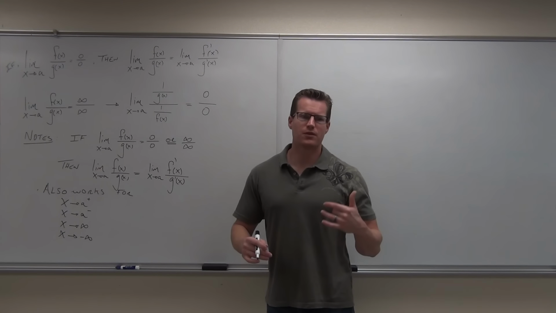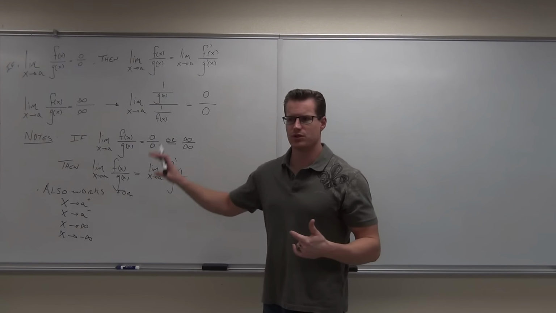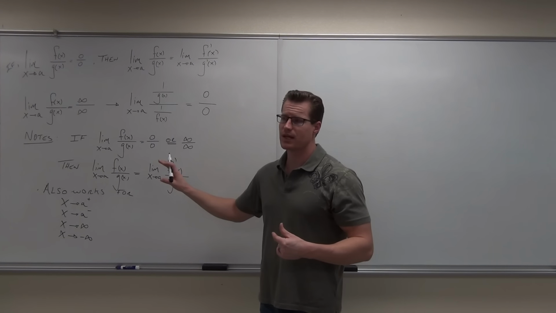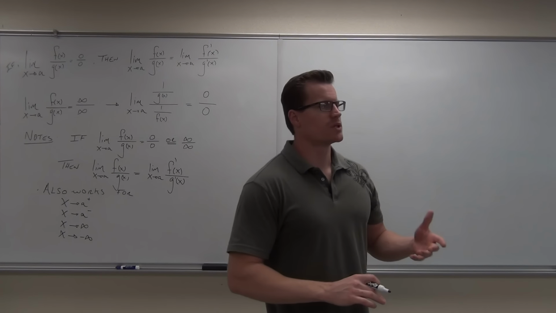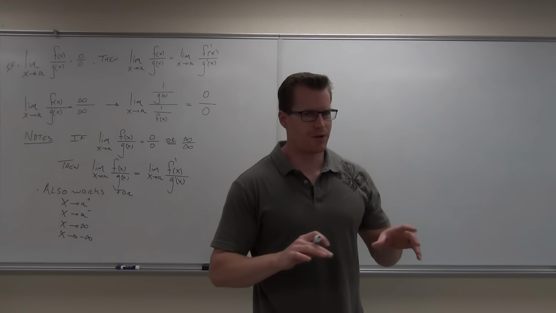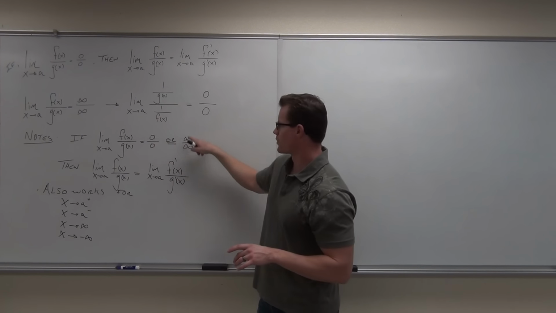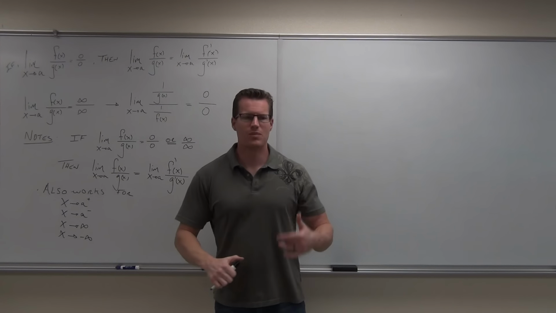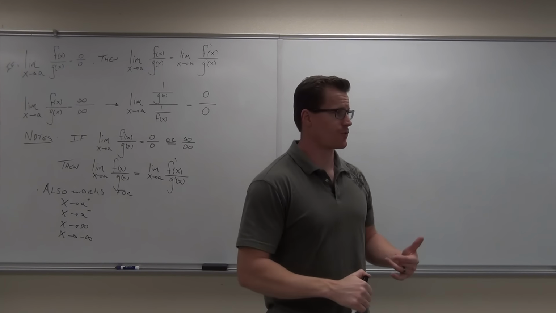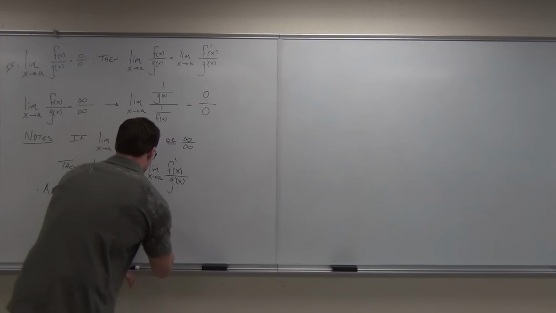There's only one thing, and it's an important thing that you have to do before you do L'Hopital's rule. I talked about it briefly last time, but I want to make sure you have this written down. In order to do L'Hopital's rule, you must verify that this, this or this is actually true. You must check that it is an indeterminate form before you do L'Hopital's rule. Please do that.